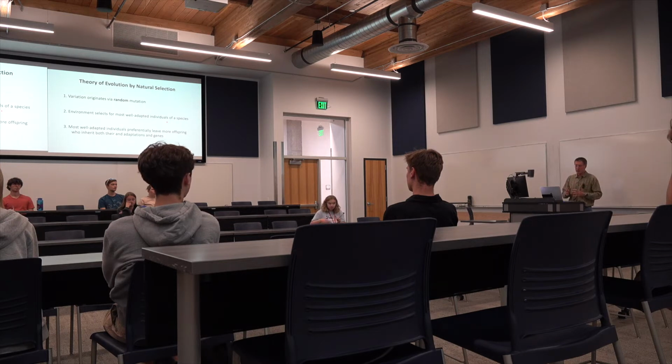If you have members of a species and they vary slightly, or they could vary greatly, in some particular characteristic, depending on the environment, it is going to select for the most well-adapted individuals of that species. Those individuals that are most well-adapted preferentially leave more offspring, and those offspring will inherit both the adaptations of their parents as well as the genes of their parents.